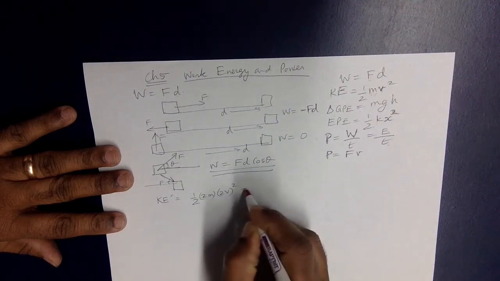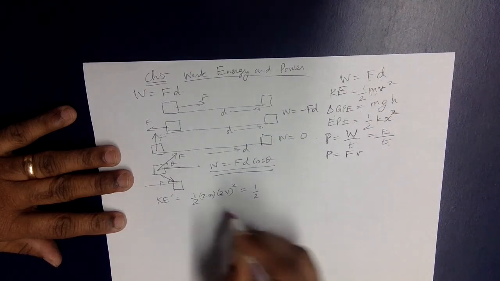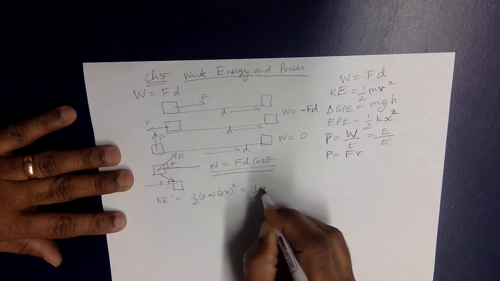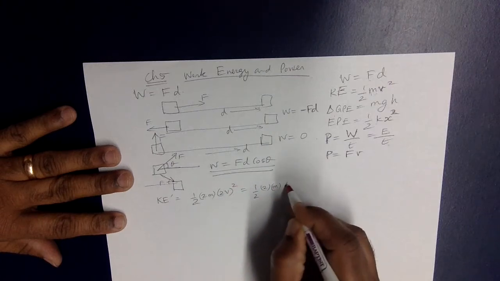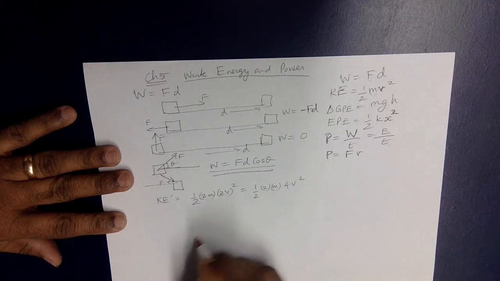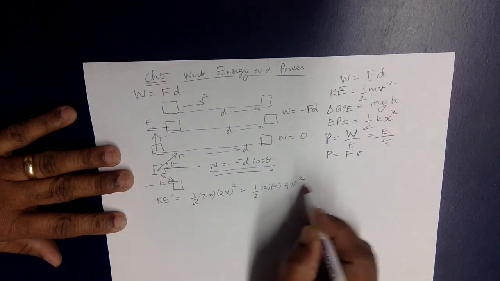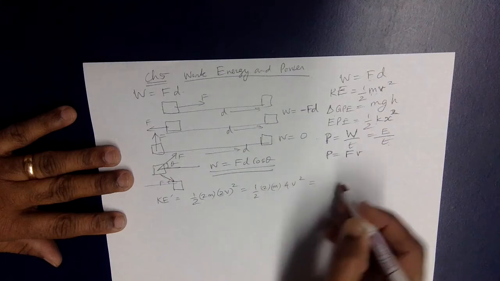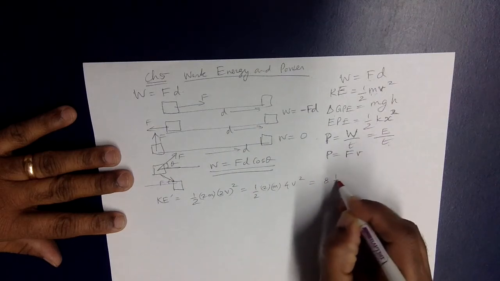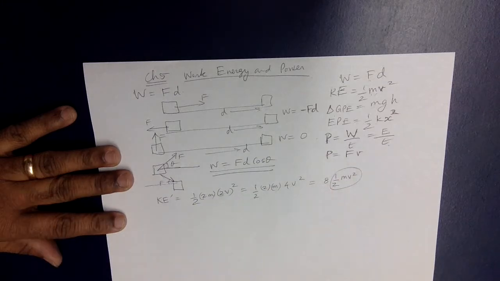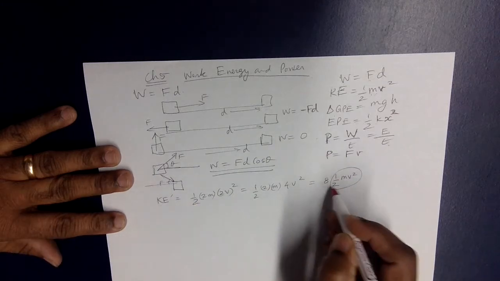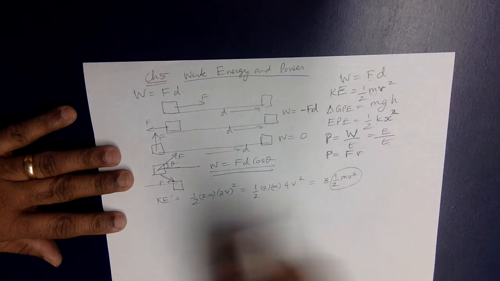If you process this, leave alone the half there, 2 comes out, and then 2 squared is 4v squared. Now if you bring the half and m and v squared out, you can see the numbers 2 and 4 sticking out. So you have half times mv squared times 8. So the new kinetic energy is 8 times the old kinetic energy.